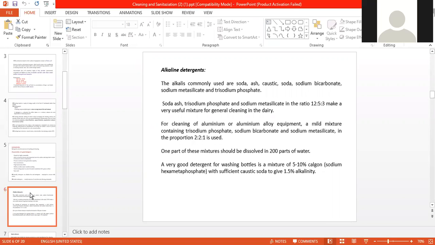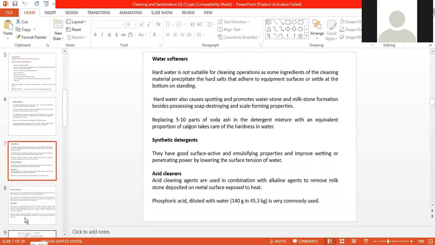A very good detergent for washing is a mixture of 5 to 10% sodium hexametaphosphate with sufficient caustic soda to give 1.5% alkalinity. Another one is water softeners.